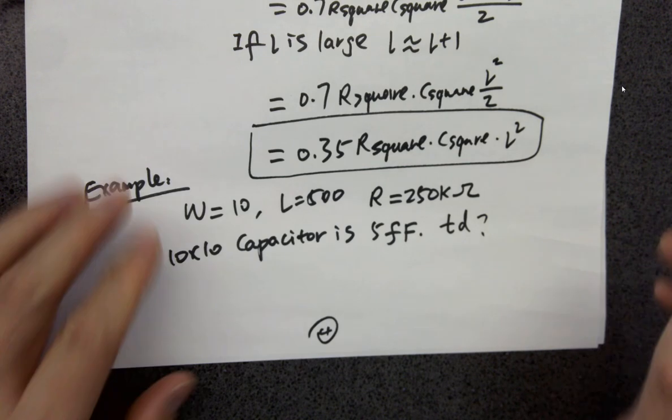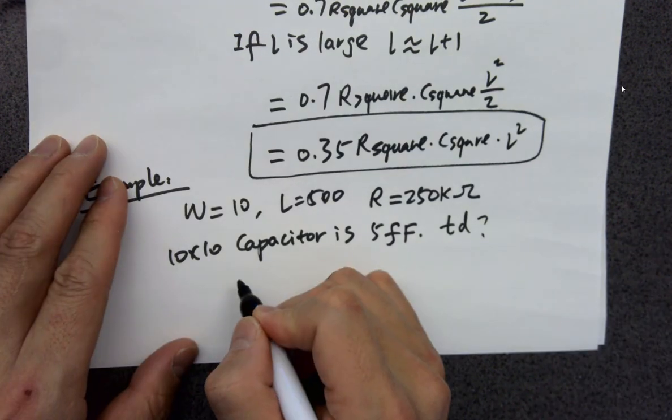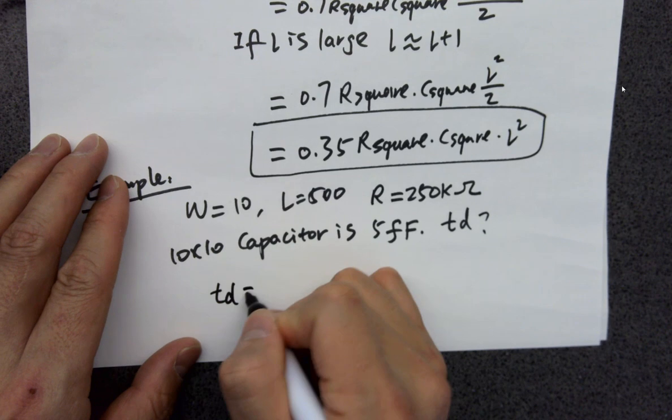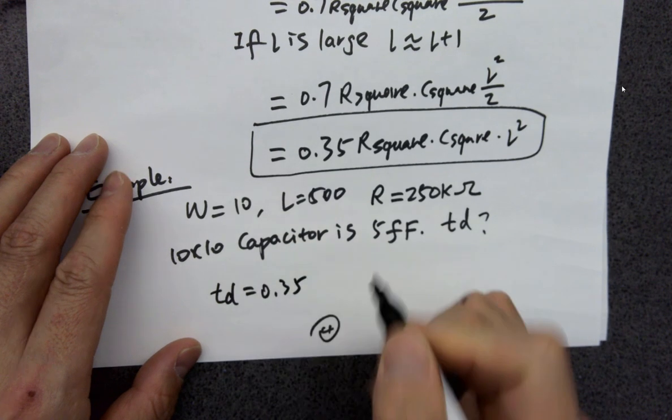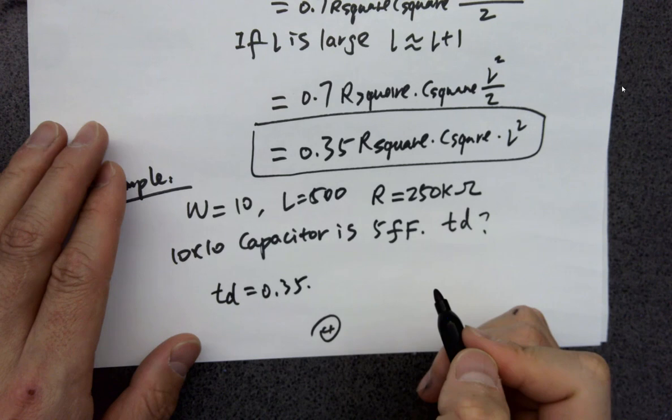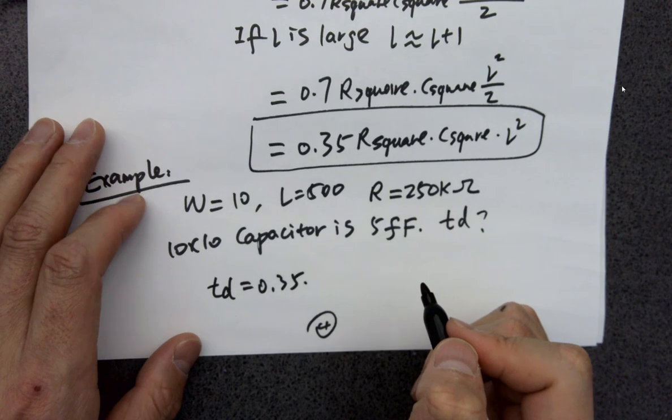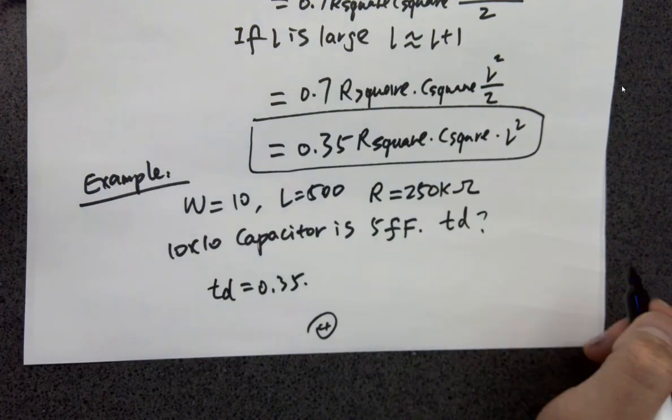R square and C square. So TD equals 0.35 times R square. What is R square here? How many squares do you have?